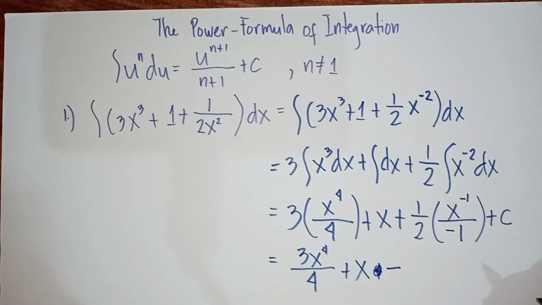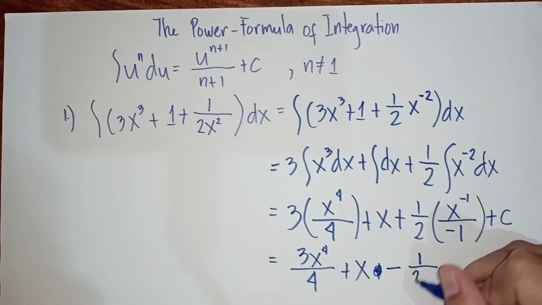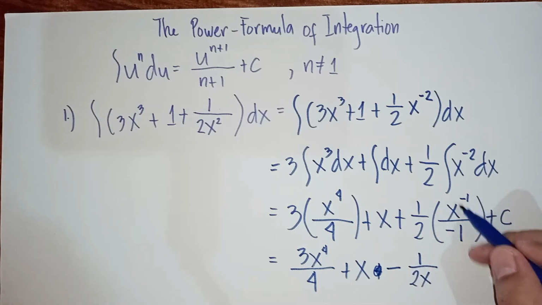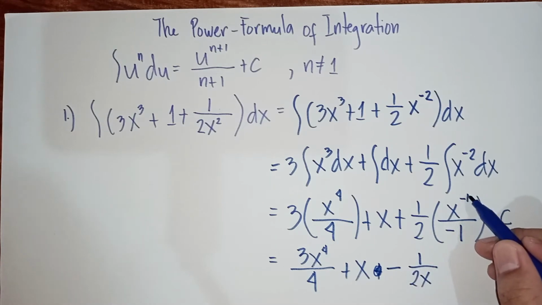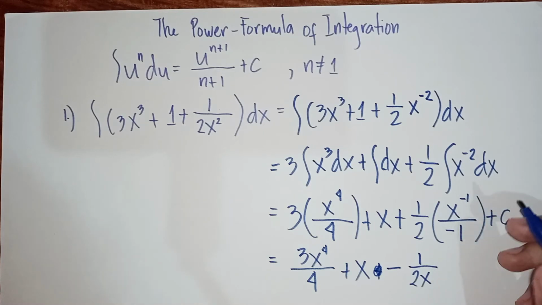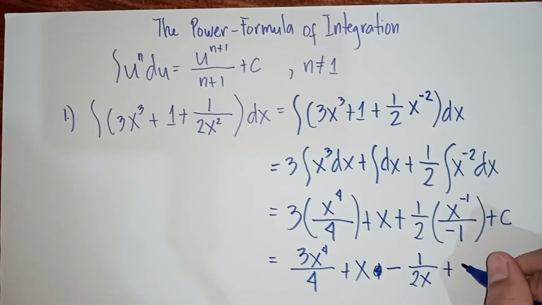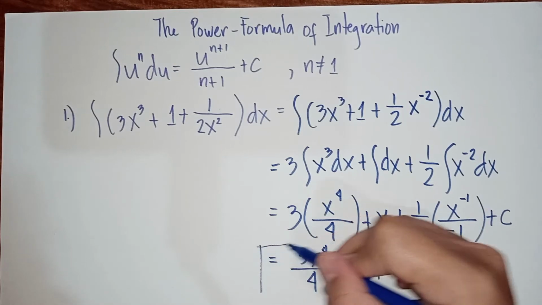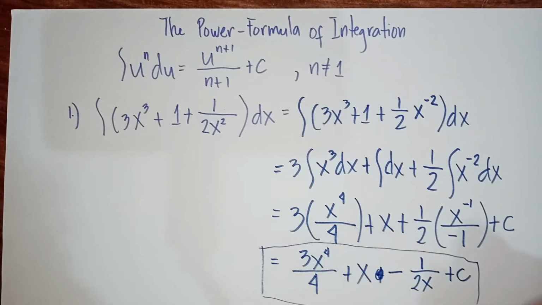So, para mag-positive exponent, kunin natin yung reciprocal. So, that is equal to x, 1 over 2x. So, pag kinuha natin yung reciprocal, mag-change yung sign ng kanyang exponent. So, from negative 1, magiging positive 1 na lang yan, mga boss. Plus c. So, this is now the answer of the integral of our given function.